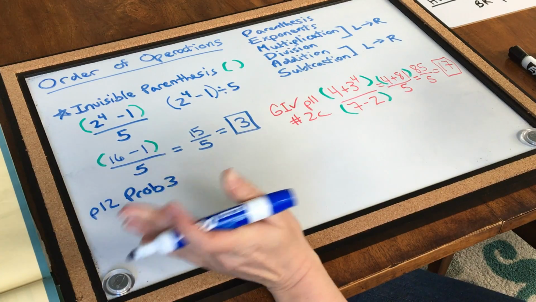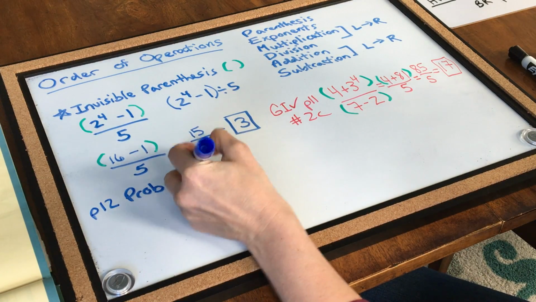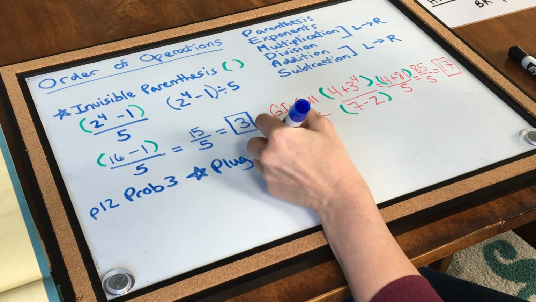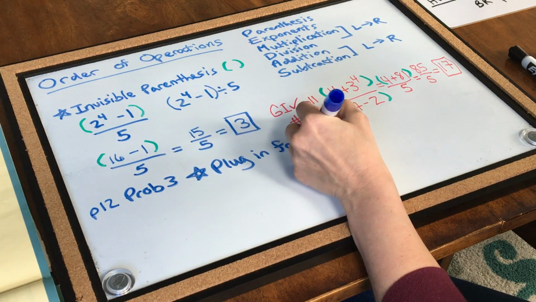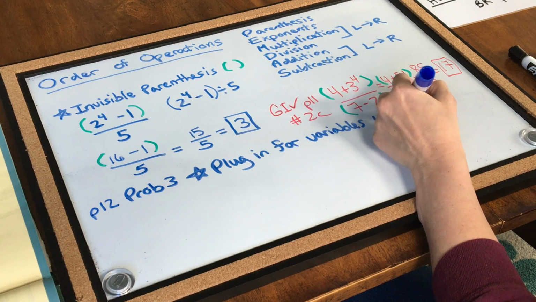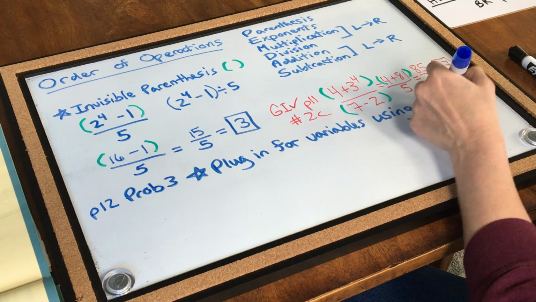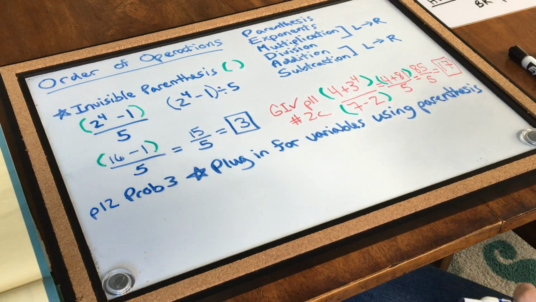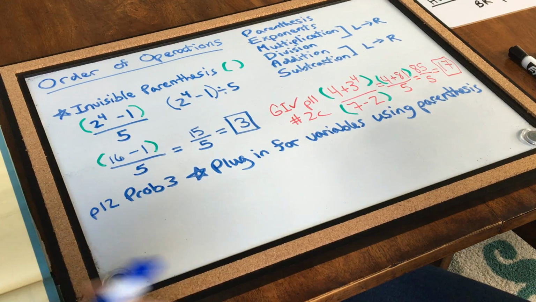What you want to be careful about doing is you always want to plug in for variables using parentheses. Really, this lesson may be all about parentheses. I'm going to show you an example.